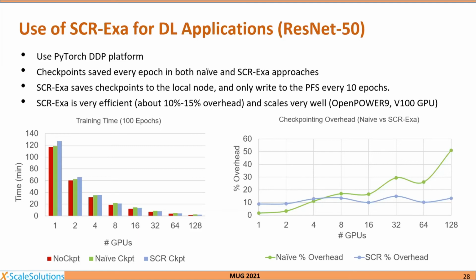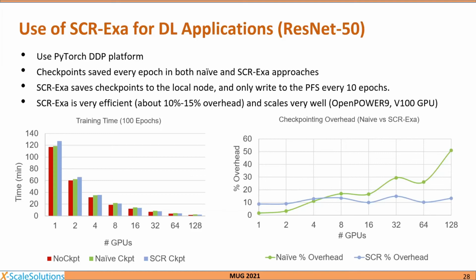As you can see, let me spend a little bit of time here. It's on the left lower corner. We have 3 groups of bars, and each group has 3 bars. The first one, the red one, is without checkpoint.